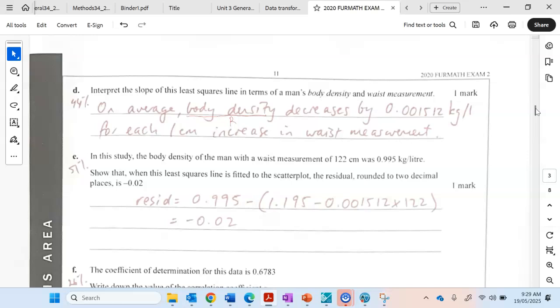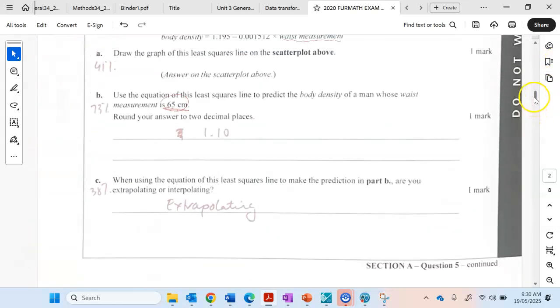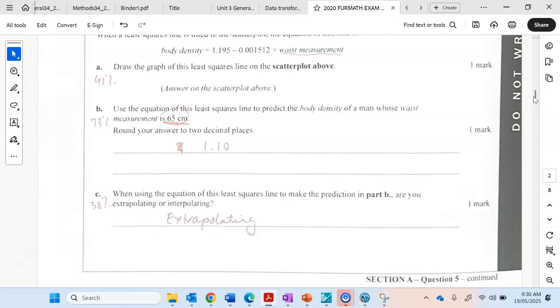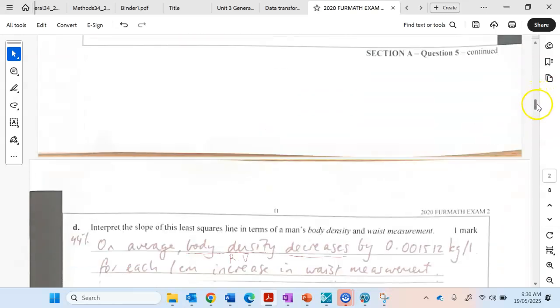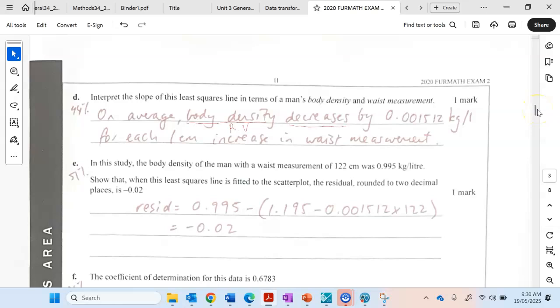All right, you're told just to substitute that in. So body density, you substitute in the RV. The fact whether it decreases or increases depends on your slope. So if we go back to the equation, we can see it's a negative slope. So it's decreasing. But you've got to report the slope as a positive number.